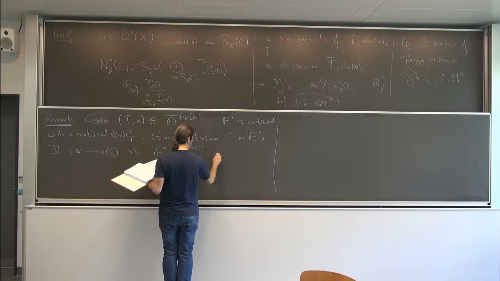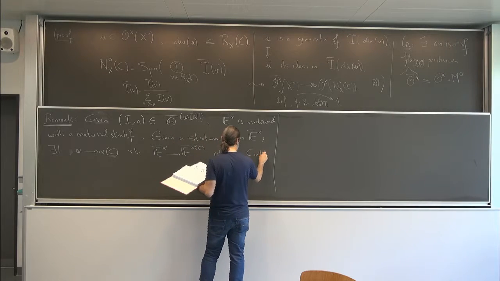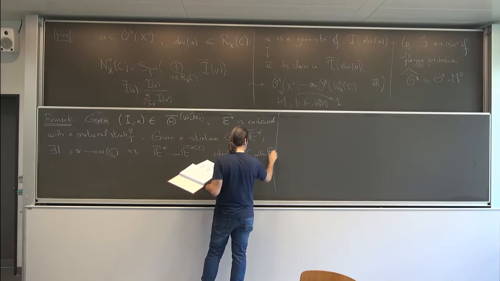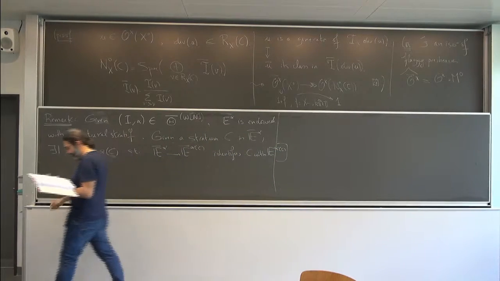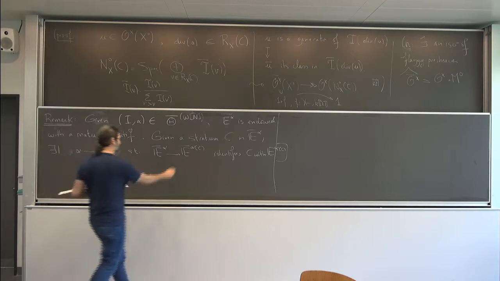identifies C with E bar alpha C, the open stratum here. And in fact, it will be an isomorphism between the closure of C and this guy.